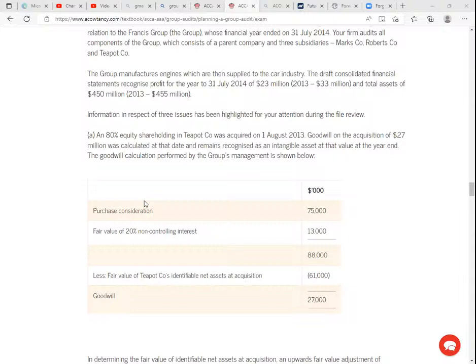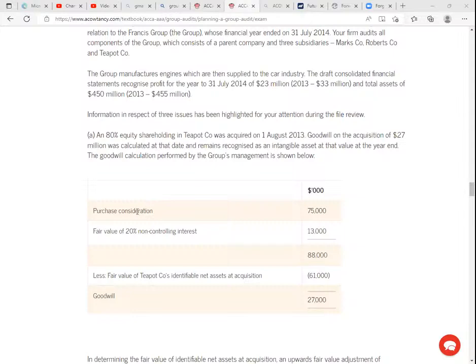The goodwill calculation performed by the group's management is shown below. So we have purchase consideration 75%. We have fair value of the 20% NCI. Remember, the parent here has got 80%. Fair value of 20% NCI, 13, giving 88,000, less fair value of Teapot Company's identifiable net assets. That's very good, correct. Goodwill is 27,000.